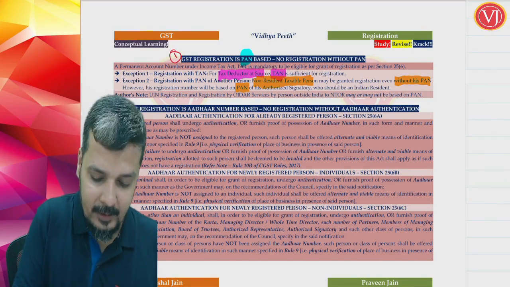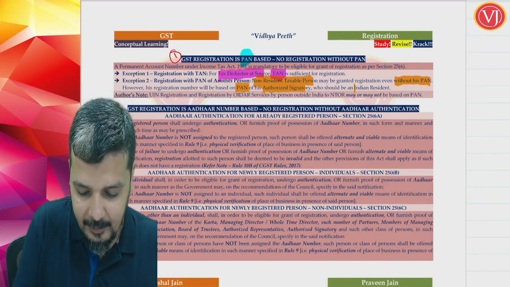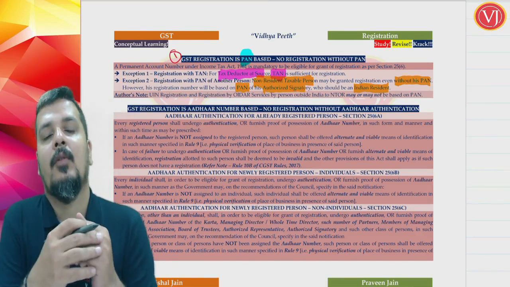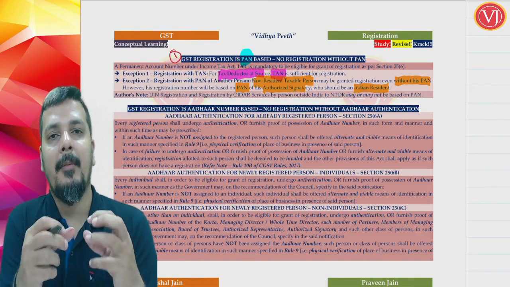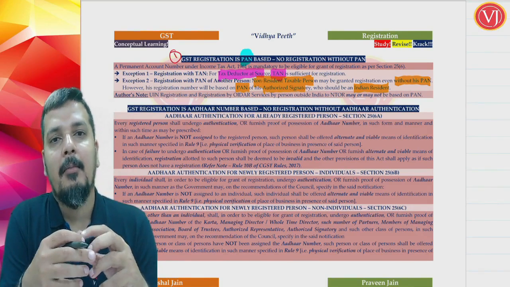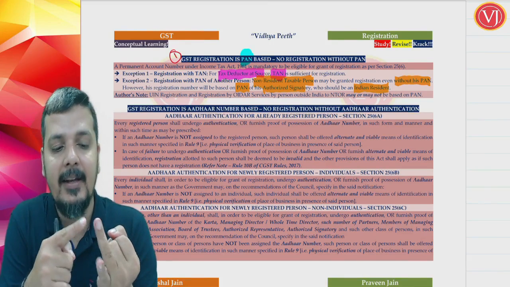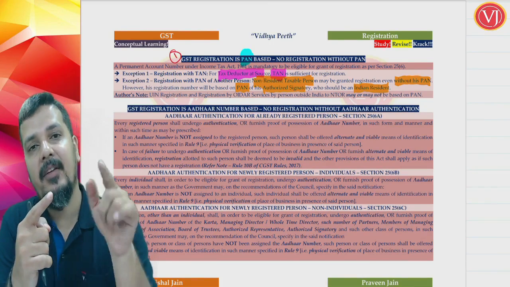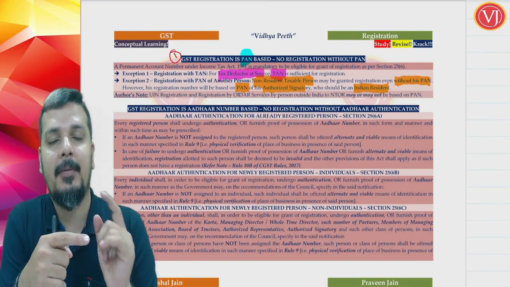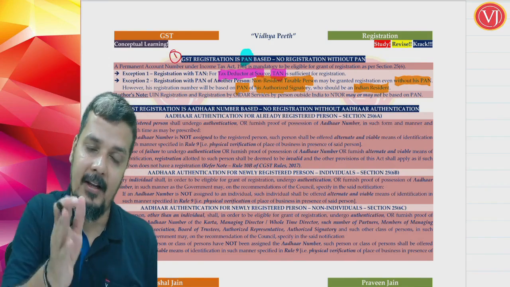But of his authorized signatory, who should be an Indian resident plus a valid PAN card holder. So if you are talking about, say, Donald Trump coming to India and taking registration as NRTP, he will not have a PAN card of India, but he might have an authorized signatory who should be an Indian resident and a valid PAN card holder. So GST number of Donald Trump NRTP will be based on PAN of his authorized signatory, PAN of another person.